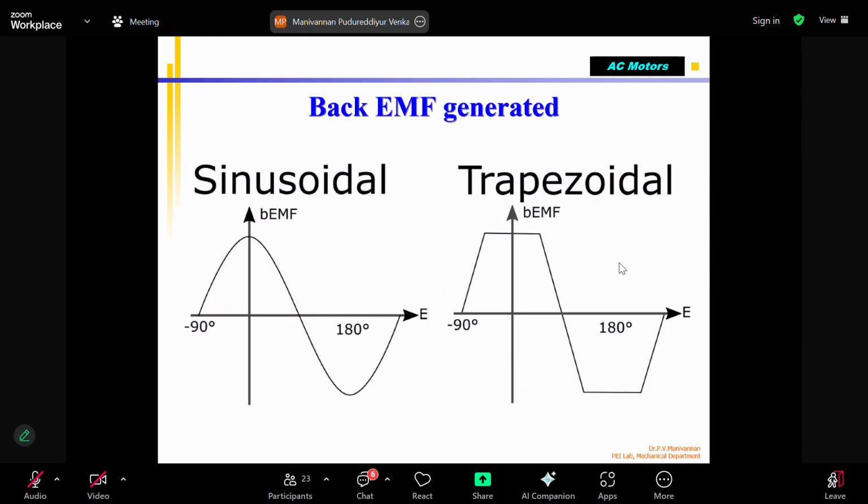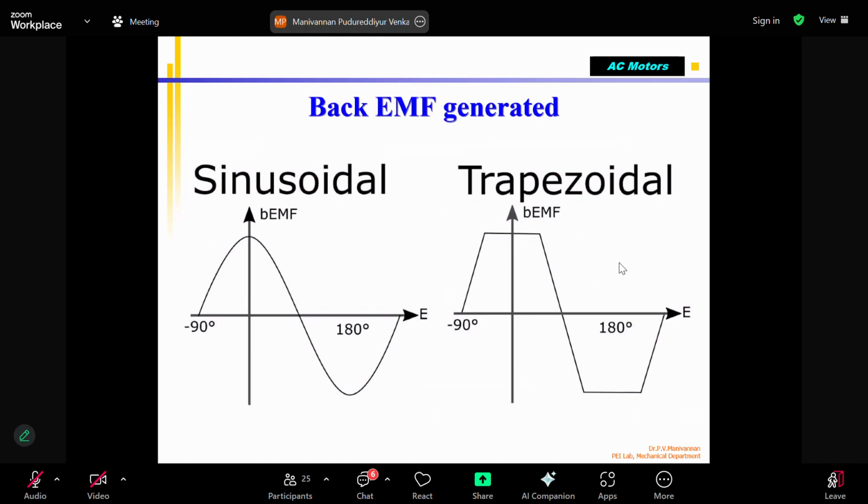The rotor is rotating, permanent magnet, correct? It is rotating. Because of the flux induced by the rotor, which is cut by the stator coil, there will be a back EMF. That back EMF shape will be either sinusoidal or trapezoidal. That's what this figure shows. That depends upon how the stator coils are distributed or wound.